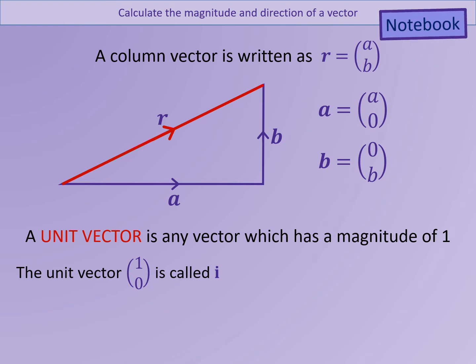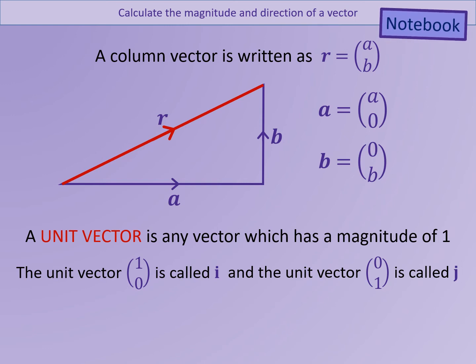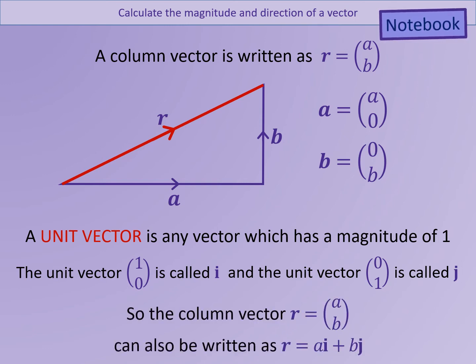And this is denoted by the letter i. The unit vector (0, 1) is called j. Now if you're looking on a coordinate grid, so where you have your x and y axis, then i is represented by this vector here and j by this vector here.